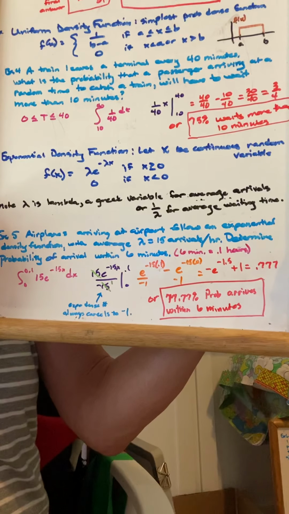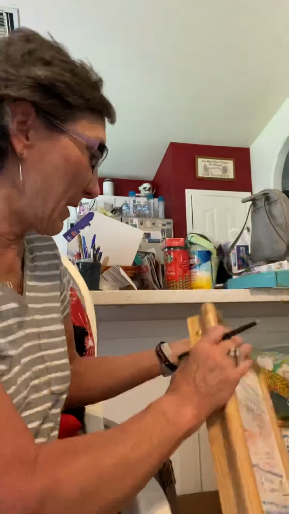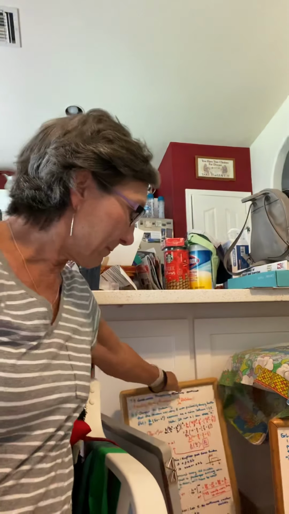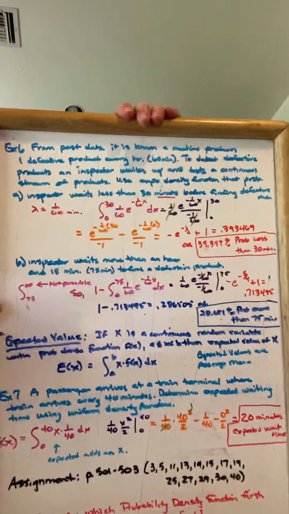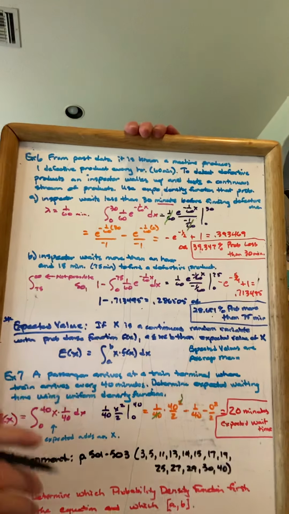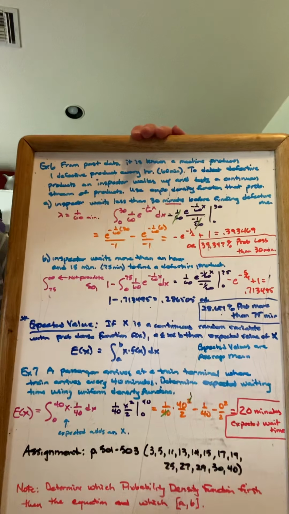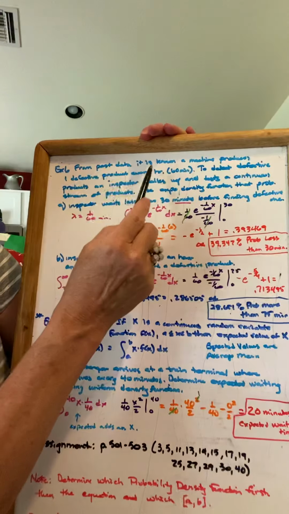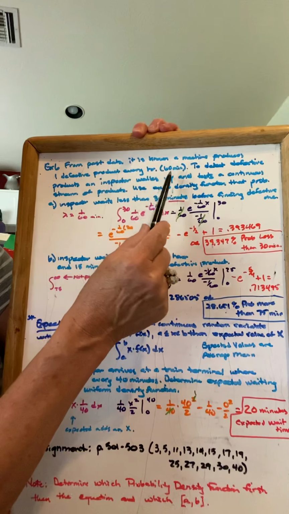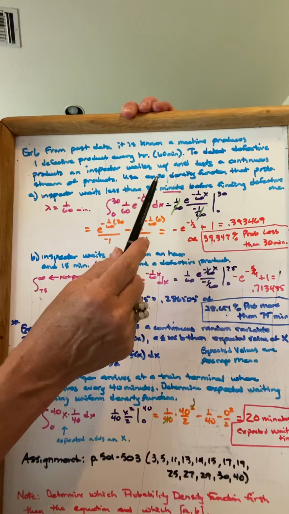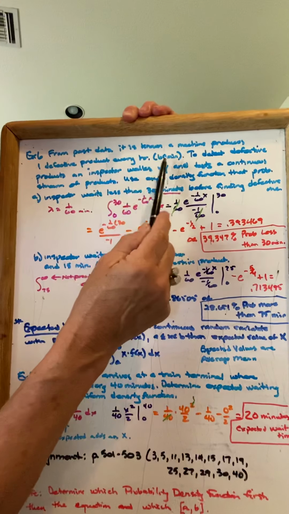All right, we're going to do one more of that type, and then we're going to do a new type. So example 6, again, these are all from pages 497 to 500, I believe it is. Yes. From past data, it is known that a machine produces one defective product every hour. Again, I'm going to put 60 minutes there because I don't know whether it's going to be in hours or minutes.